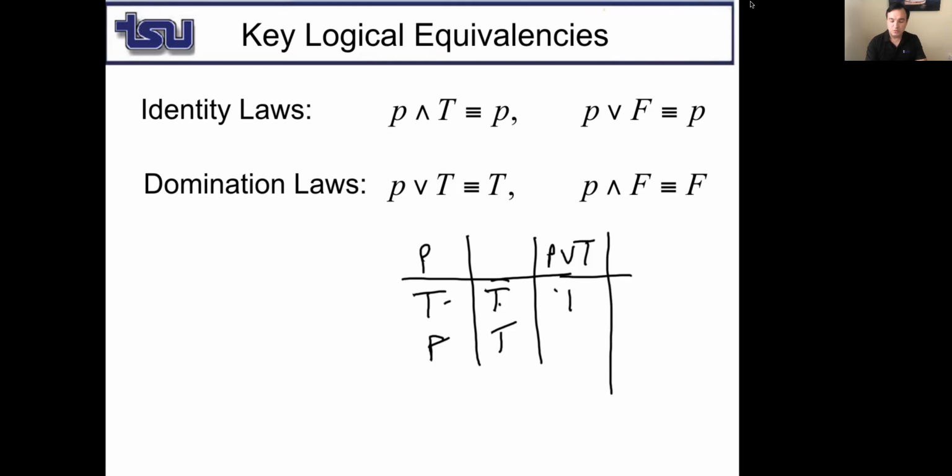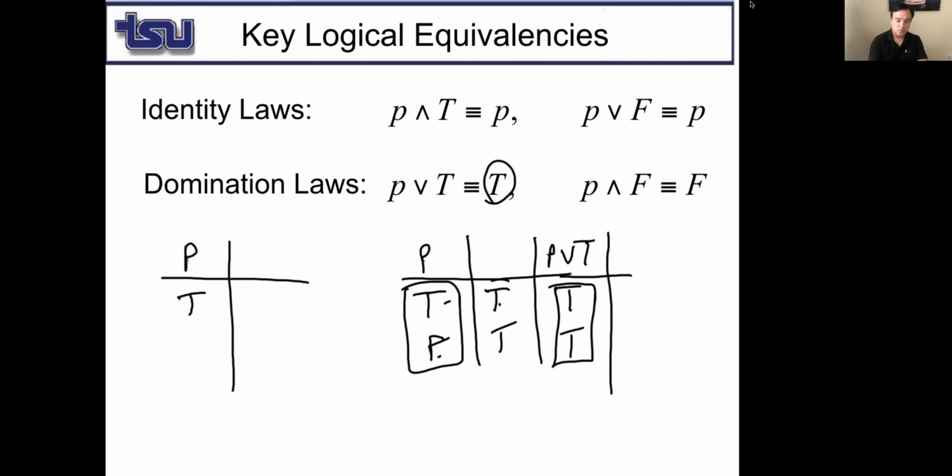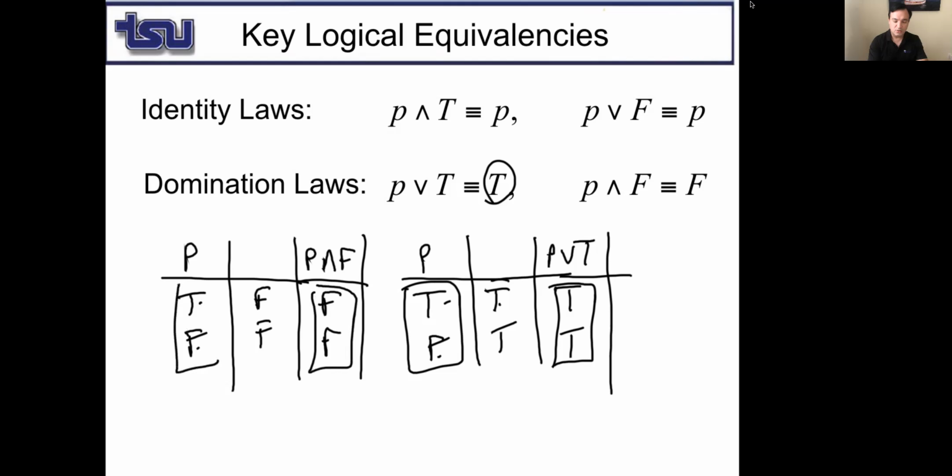True or true is true, false or true is true. You see here, regardless of what P is, you always get what? True. Similarly, if you have P, true or false, and if you have false here, then you have P and false. True and false is false, false and false is false. As you see here, regardless of P, you always got what? False.